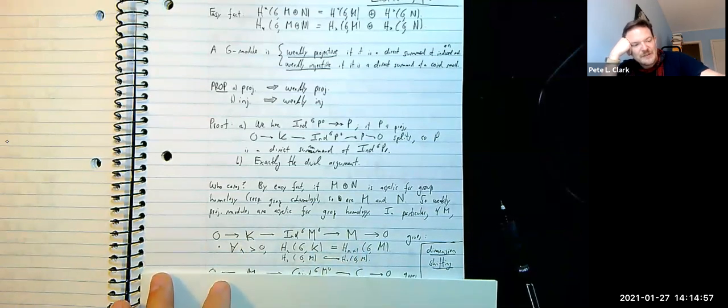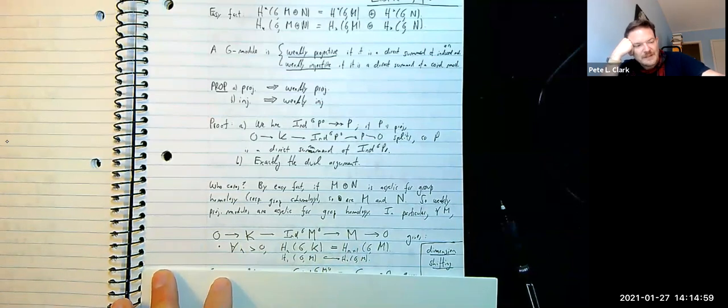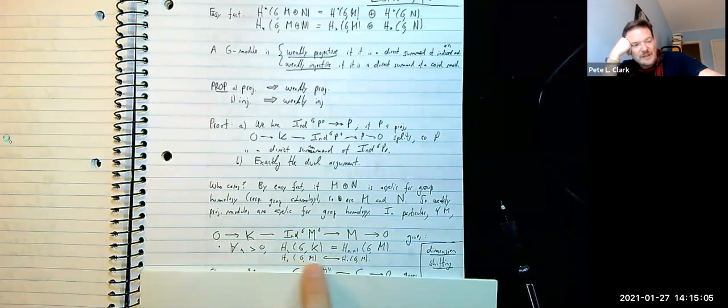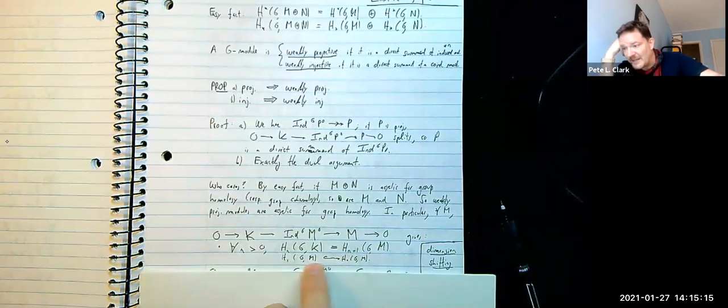There's a boundary map from Hn of K into Hn plus 1 of M. The boundary maps are the most interesting maps in this long exact sequence. And so I believe for all n greater than 0, the nth homology of the kernel is equal to the n plus first homology of the module itself.